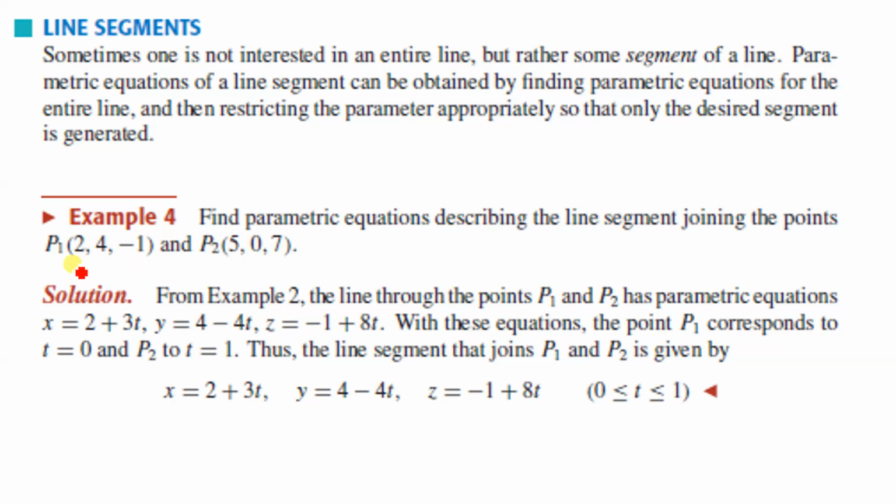So if we have to find the line segment joining these 2 points, just find the parametric equation of the line joining these 2 points as we did in the previous example, but restrict t, so t can have values between 0 and 1 inclusive, and for these values of t, every point will lie within the line segment P1 P2.